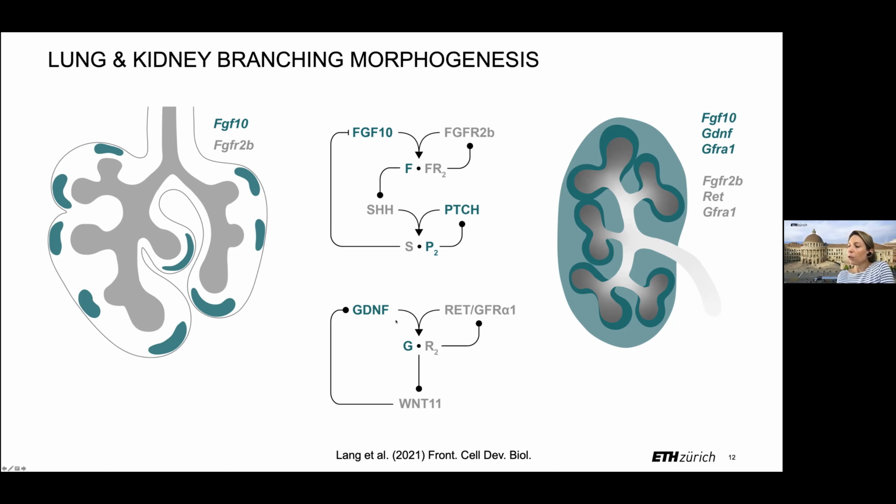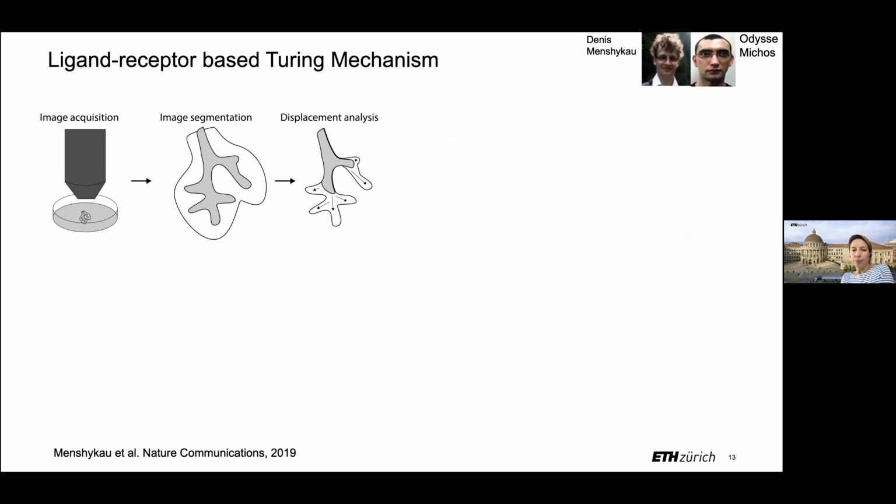And so this module, which we had identified as Turing module, exists in both organs. And so we tested whether the same mathematical mechanism could also explain branching morphogenesis in the kidney.